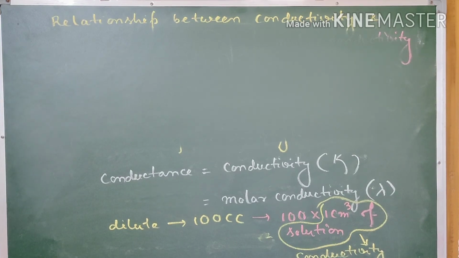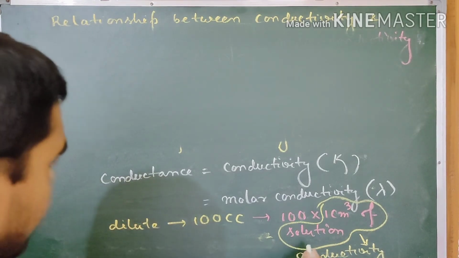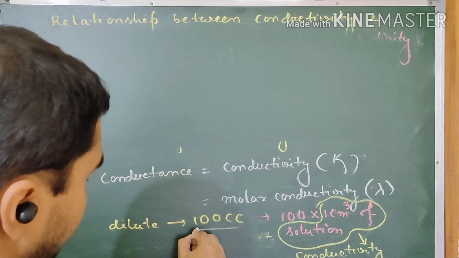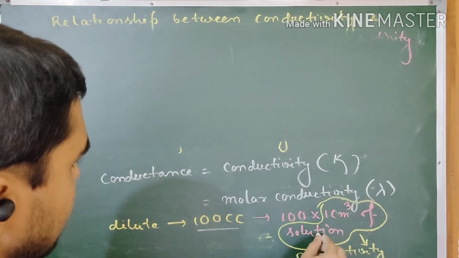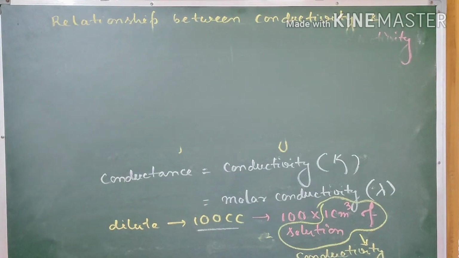The conductance of each 1 centimeter cube will be conductivity, so that the conductance of the solution will be 100 times its conductivity. But now also the solution contains only 1 gram mole of an electrolyte. So the measured conductance will be also the molar conductivity. So here, the only thing that is changing is that it is diluted to 100 cc, it is 100 into 1 centimeter cube of the solution. But still, the total solution contains only 1 gram mole of an electrolyte.